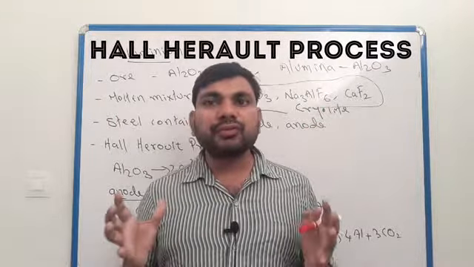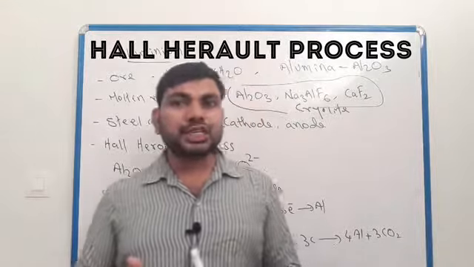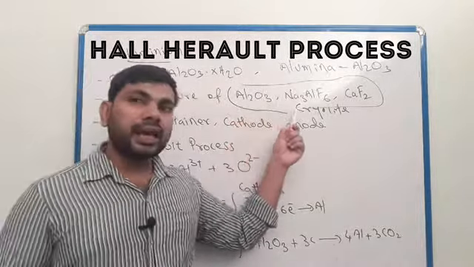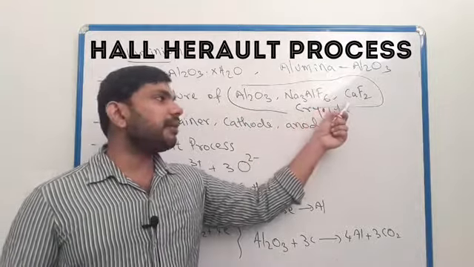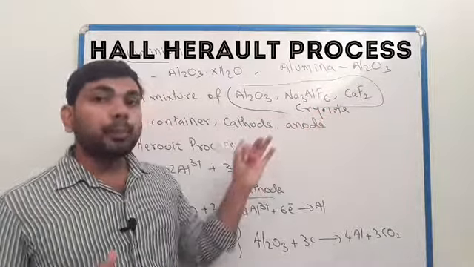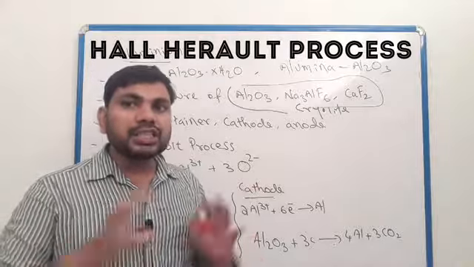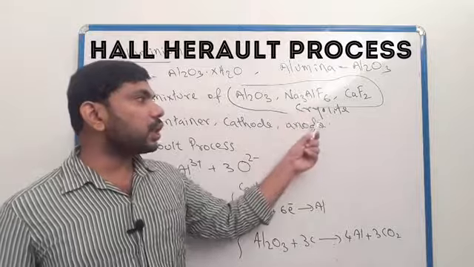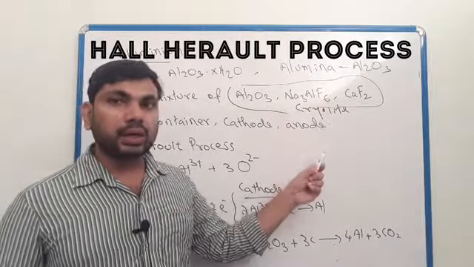During extraction of aluminium, a molten mixture of Al2O3, Na3AlF6 and CaF2, all in molten form, is used as electrolyte. Na3AlF6 is called cryolite.